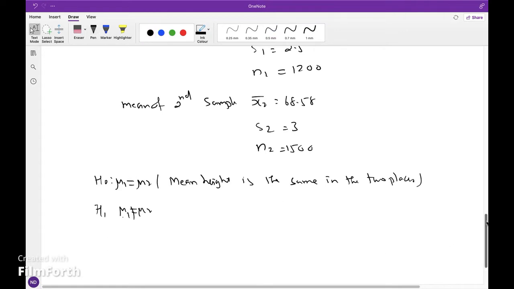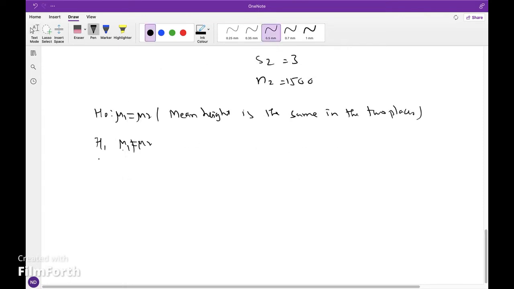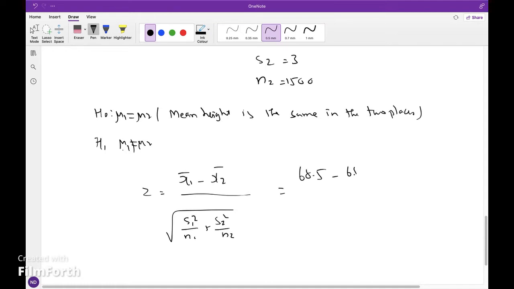Now the test statistic is z equal to x1 bar minus x2 bar divided by the square root of s1 squared by n1 plus s2 squared by n2. That is equal to 68.5 minus 68.58 the whole divided by the square root of 2.5 squared by 1200 plus 3 squared by 1500.